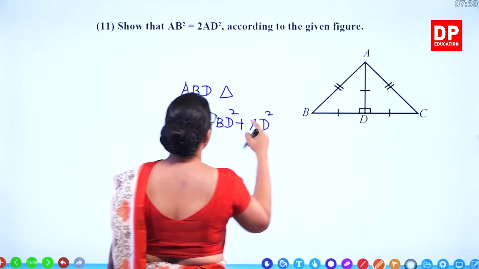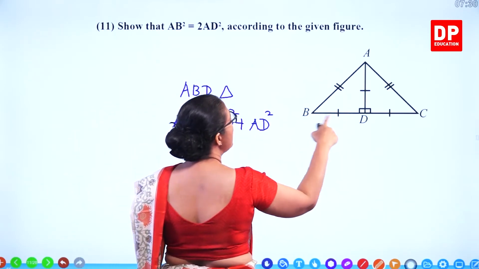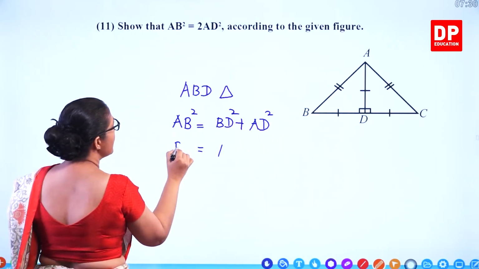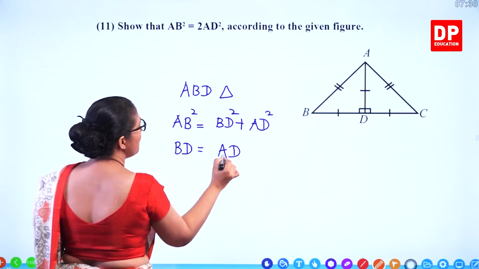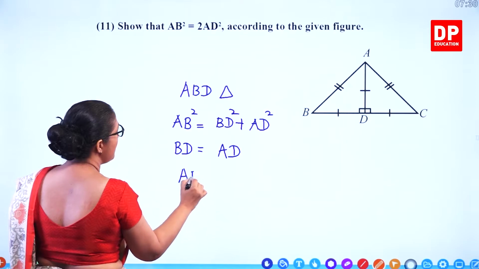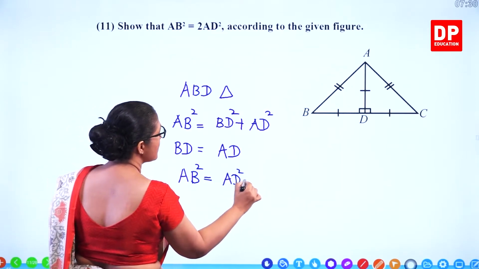So instead of this one, BD, I can replace. BD equals AD. Therefore, I can replace: AB squared is equal to AD squared plus AD squared.